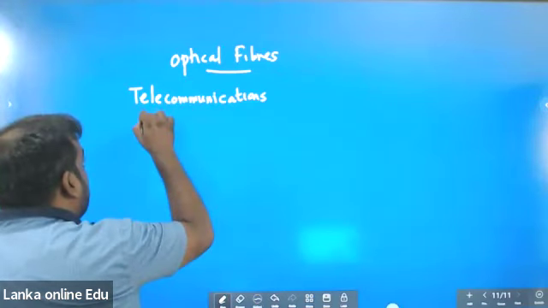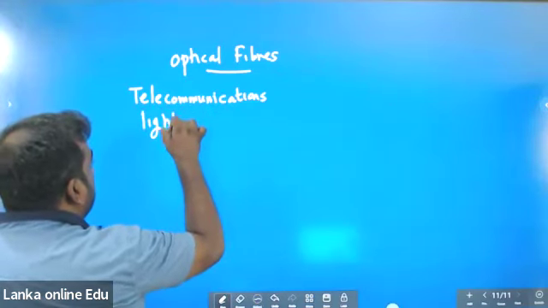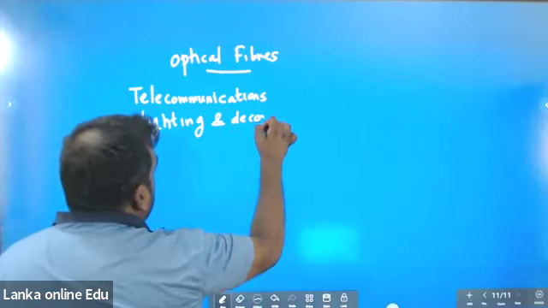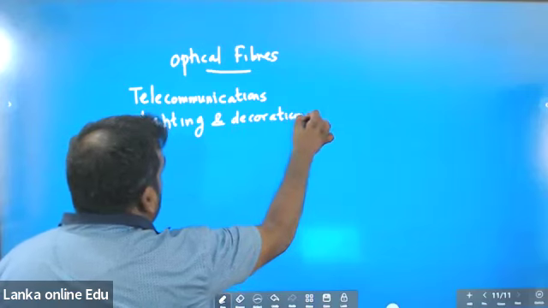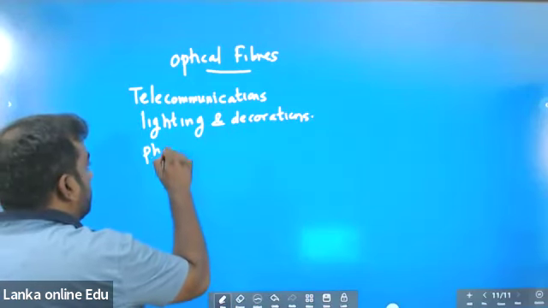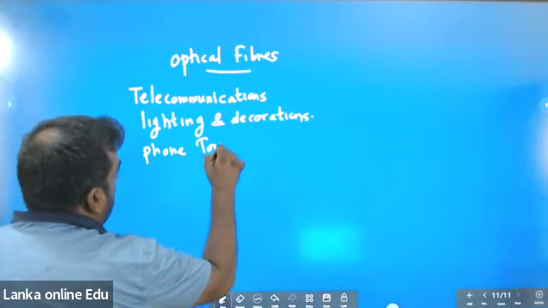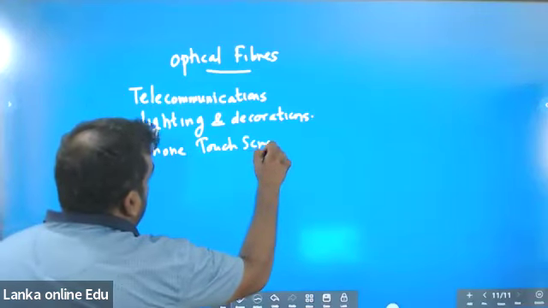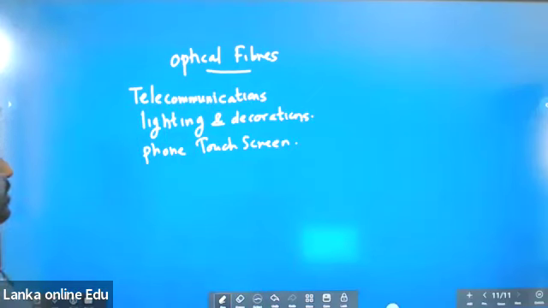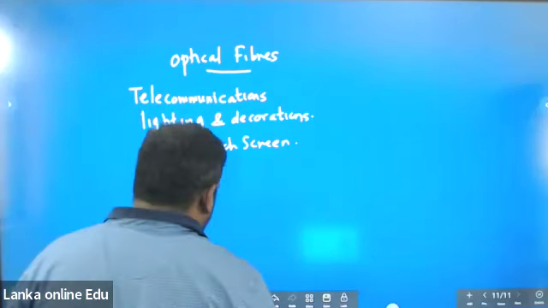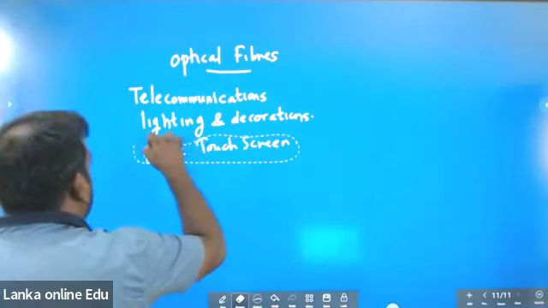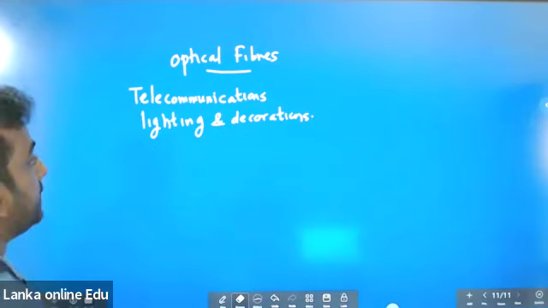It's used in lighting and decorations. It's used in the touchpad, the touch screen in your phones. That also works on this concept of optical fibers or total internal reflection. Mainly it's used in lighting.